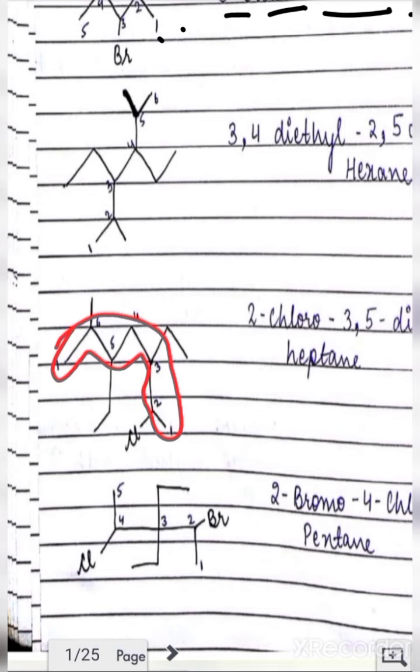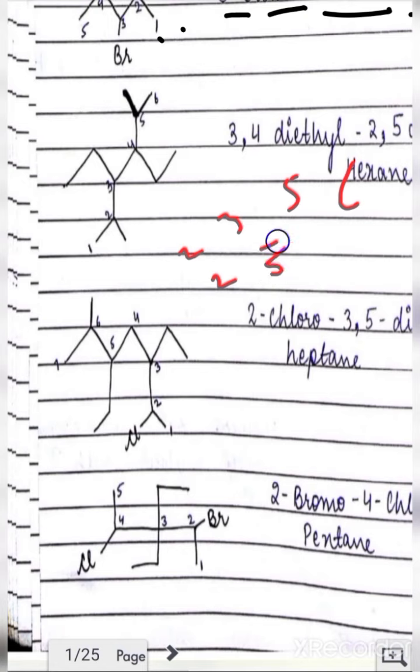Now if we start numbering from here, then 1 2 3 4 5 6 7, and the substituents get the second position, third position, fifth position and sixth position. While if we number it from here, we get 2, 3, 5 and 6.